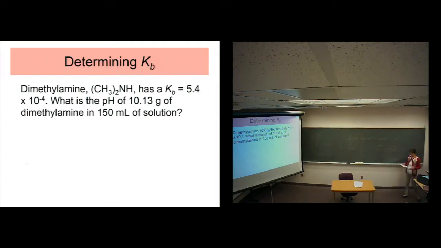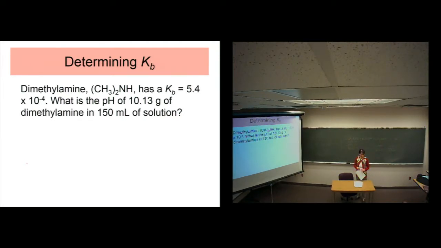Okay, so you know what happens to bases. Go ahead, set up your ICE table. Write that equation of a base accepting a proton from water, and then solve that. Oh, but wasn't our ICE table supposed to be in what units?